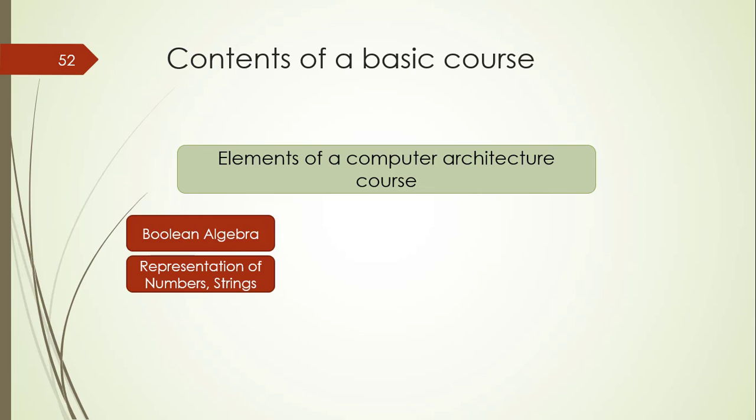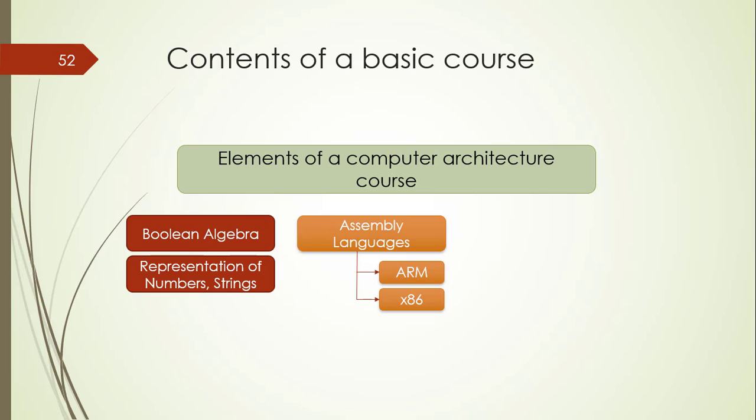Well, you start with Boolean algebra, which is algebra that uses bits instead of other things that you're used to. It's essentially the algebra of Boolean bits. We talk about how numbers, strings, etc. are all represented using bits.